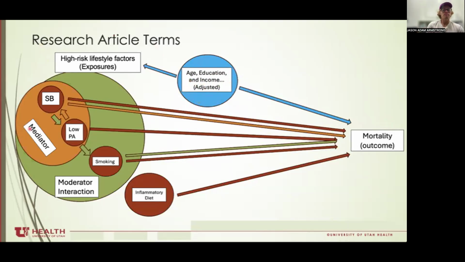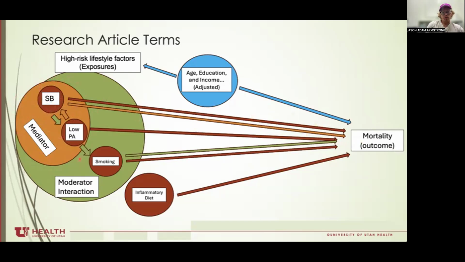Okay. And then I wanted to briefly go through a mediator and a moderator. They don't speak about mediators, they only speak about moderators. The difference is that a mediator is found on the causal pathway. So the red represents there is a relationship between sedentary behavior and mortality. That does exist.